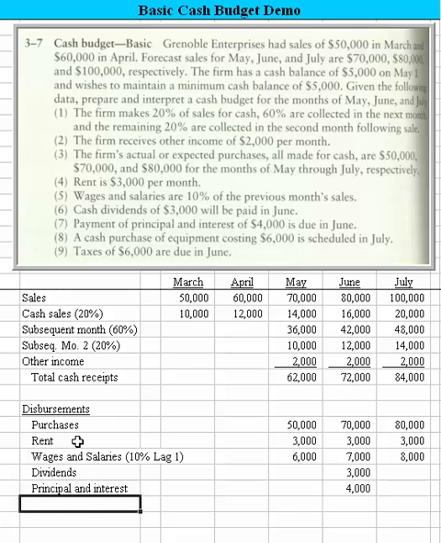What's next? A cash purchase of equipment of $6,000 is scheduled in July. Okay, so why don't we call that new equipment purchase? That's in July for $6,000.